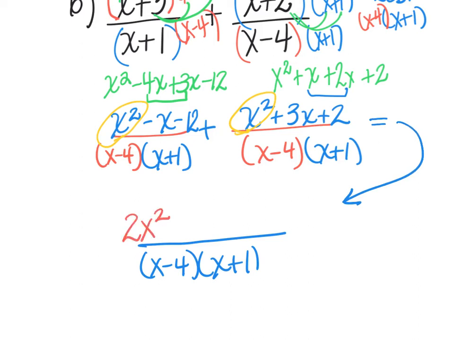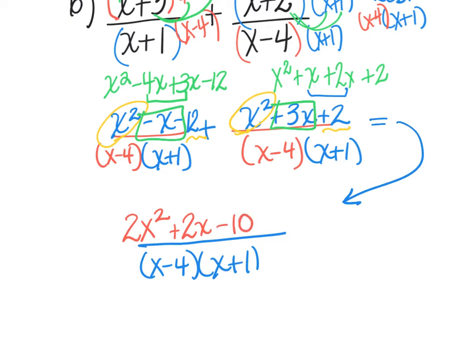Then I have a minus x and a plus 3x. That leaves me with positive 2x. And then we have minus 12 and a plus 2, so that's a minus 10.